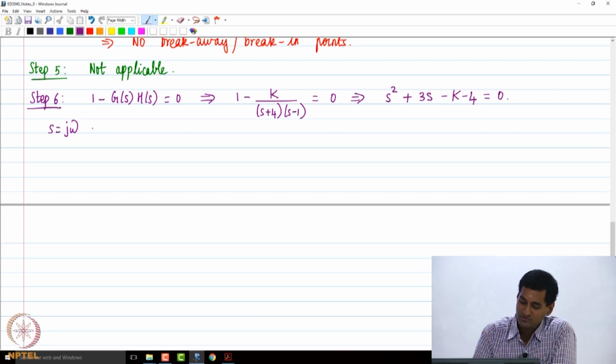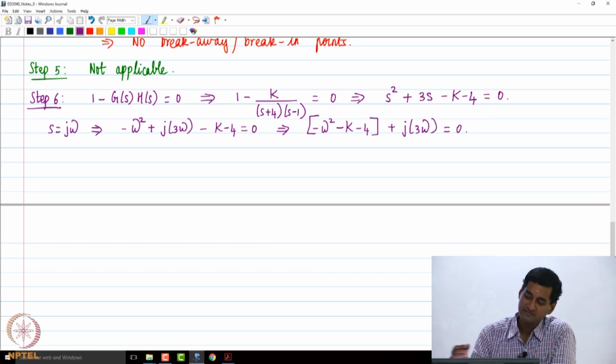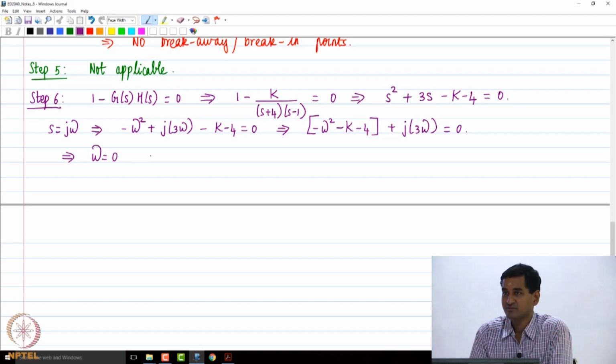If you substitute s equals j omega, we immediately get minus omega squared plus j times 3 omega minus k minus 4 equals 0. So this gives us minus omega squared minus k minus 4, this is the real part, plus j times 3 omega equals 0. We can immediately see that from the imaginary part omega is 0. That is the only possible solution from the imaginary part.